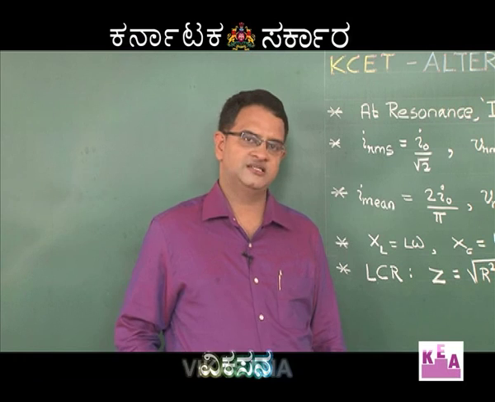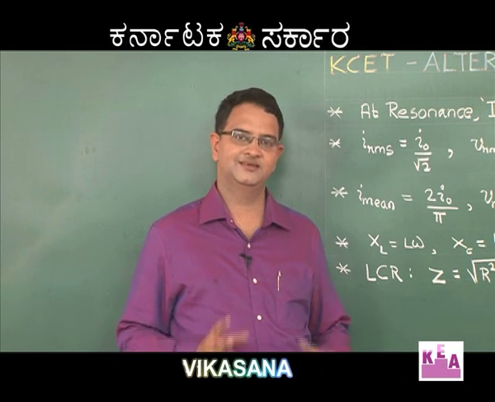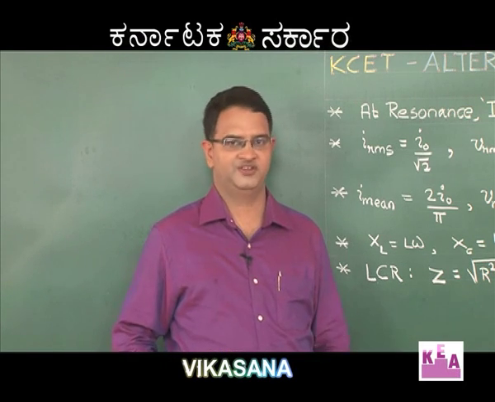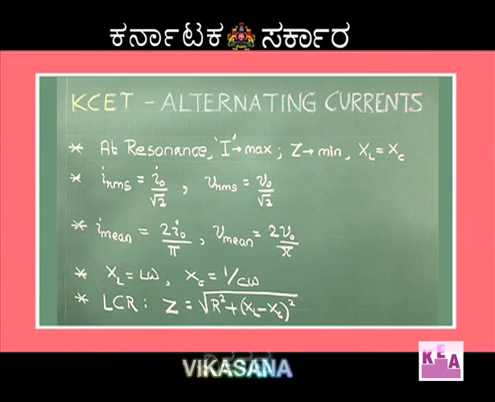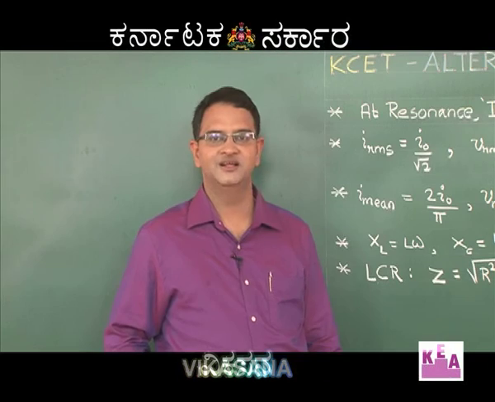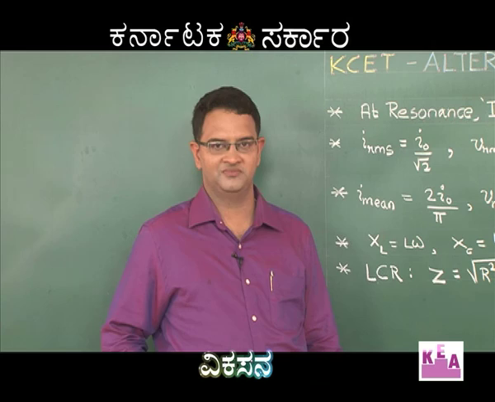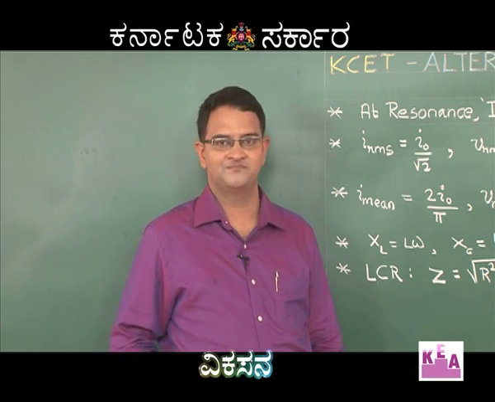We will observe that at resonance, the circuit is going to be purely resistive, which means the impedance offered by the circuit is simply the resistance R. Z becomes equal to R because XL becomes equal to XC, this factor becomes 0, so Z is equal to R at resonance. Because the impedance is minimum, the current is going to be maximum.